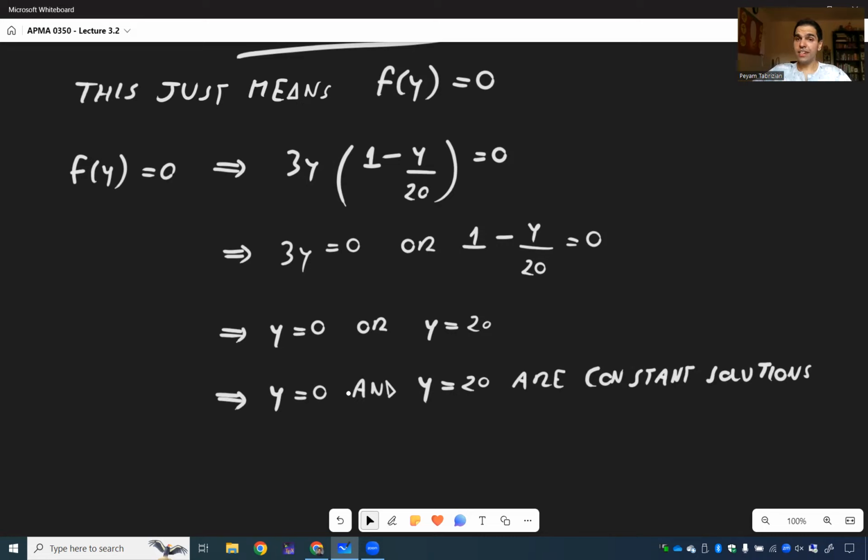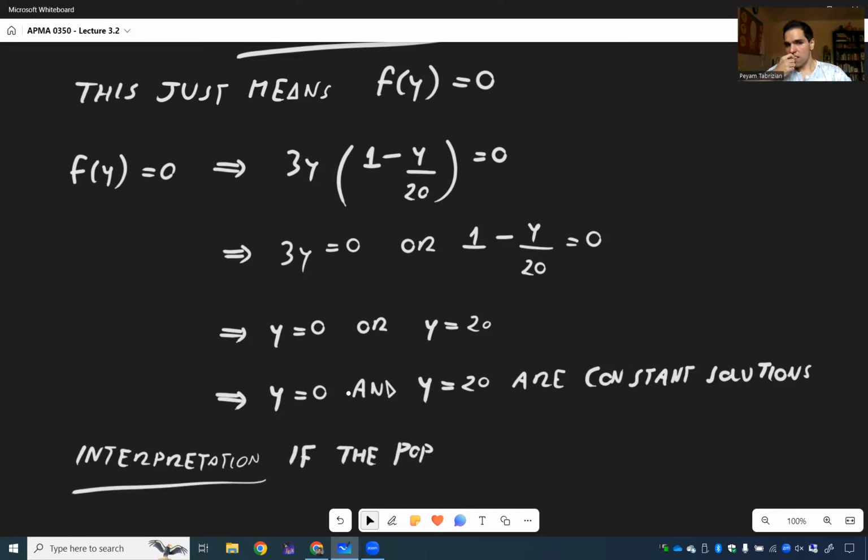But then, more interestingly, what does that mean in terms of our model? It means that if you start at 20 bacteria, you will end at 20 bacteria. It's kind of the Vegas of solutions: whatever happens at 20 stays at 20. If the population starts at 20, it stays at 20.